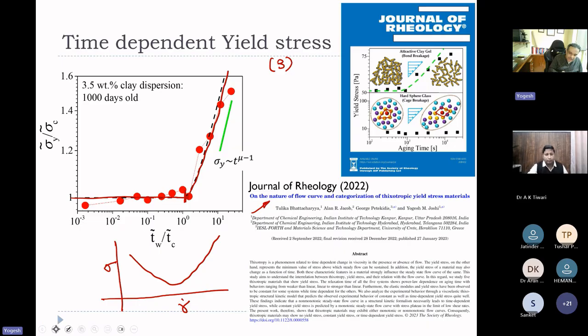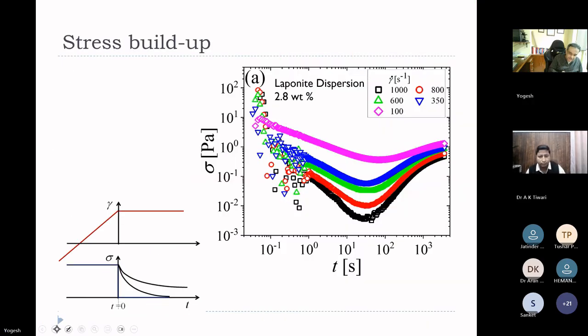And you will now ask me a question. This is also another behavior that we observed: you keep material in between two plates and move the top plate with very high shear, and then at some point you stop the shear and measure how the stress decays as a function of time.